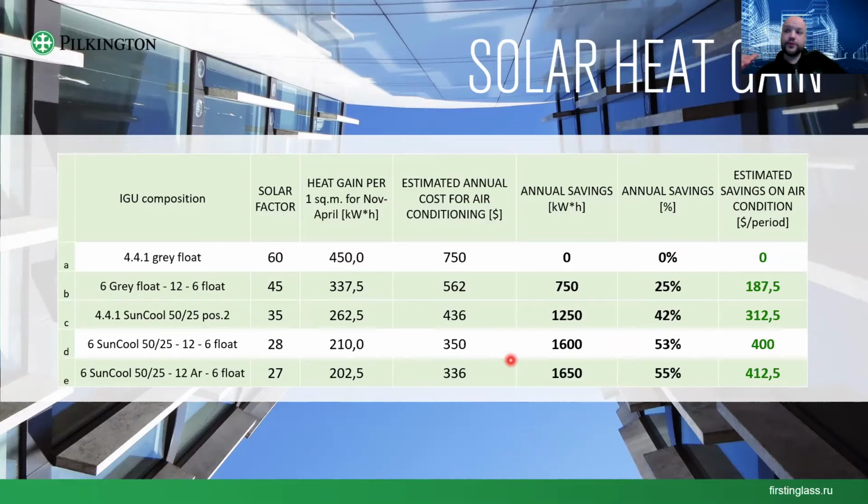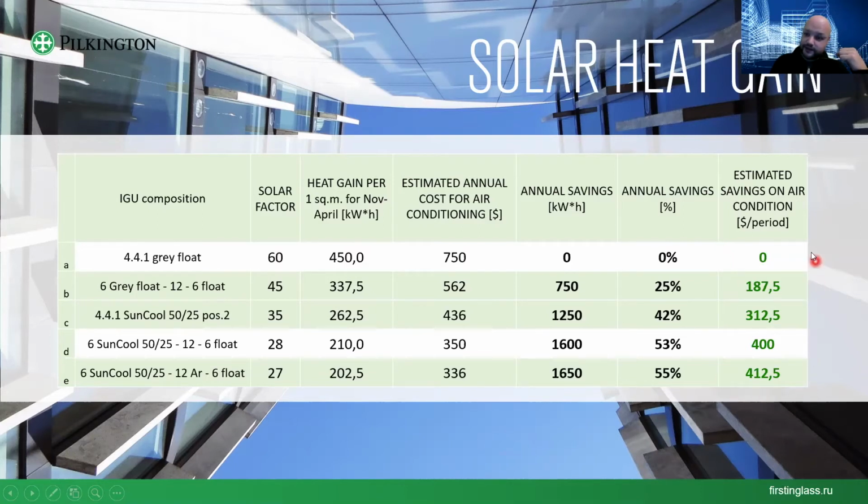Depending on the type of project, we can estimate what the cooling coefficient would be. And then we can easily calculate the estimated saving on air conditioning in Australian dollars for this period.